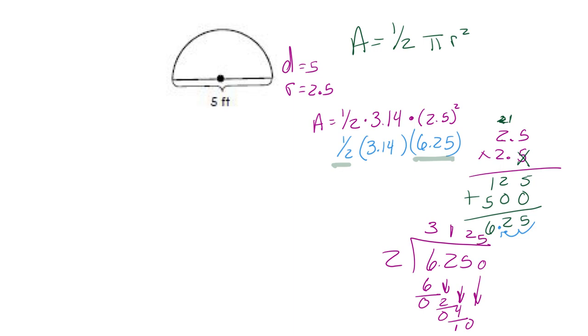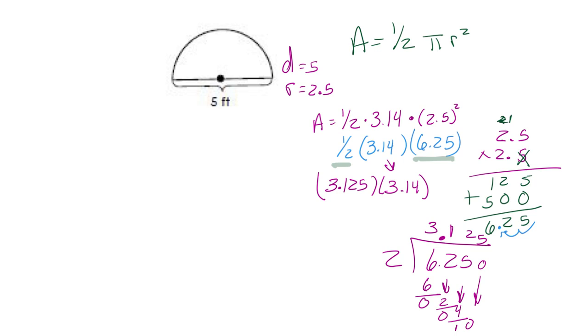Now, remember, I only have a decimal in the house, so I'm just going to raise it to the roof. That is all I have to do. So keep the place values aligned, raise it to the roof. So when I multiply those two numbers, it is 3.125. Parentheses, I'm going to bring this guy back down because I'm still dealing with him, 3.14.